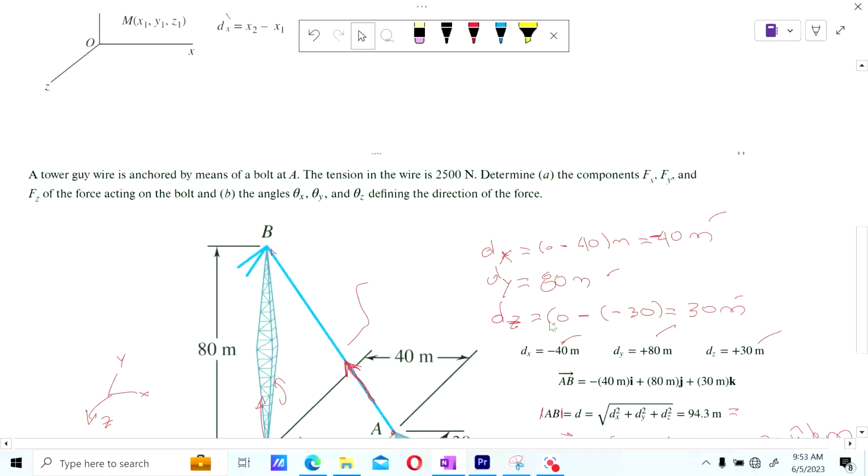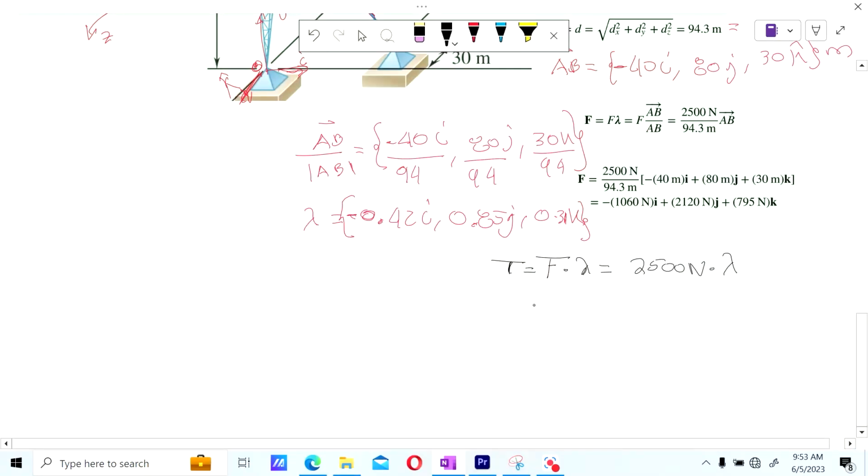And that gives us 2500 times 0.42, and this is negative, 1050 i, comma, 2500 times 0.85 equals 2125 j, comma, 2500 times 0.31 equals 775 k.